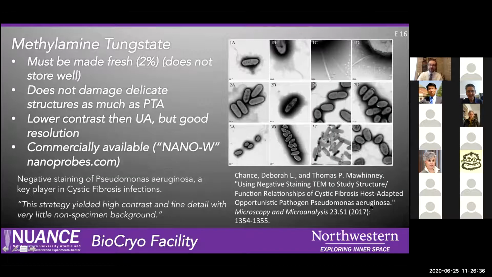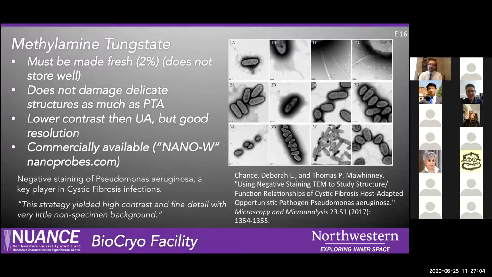Moving on to methylamine tungstate. This is a commercially available negative stain, so you can get it through Nanoprobes. The authors of this paper wrote that the strategy yielded high contrast with fine detail and very little non-specimen background. They really wanted to take a look at this bacteria that plays a role in cystic fibrosis.